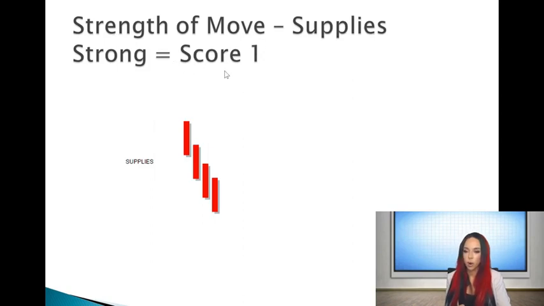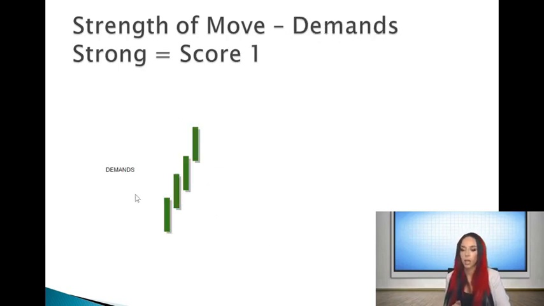So this is what a score of 1 would look like for supplies. As long as the price keeps advancing in the same direction without too much choppiness, going away from the level confidently, but maybe not the most violent move, it's a score of 1. And again, similar for demands. Price keeps pacing upwards.